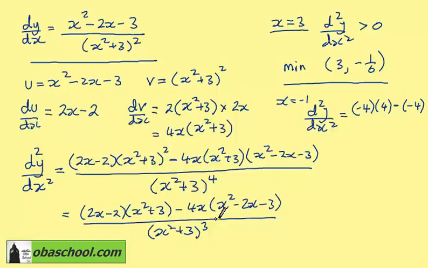If x is minus 1, this is 1, plus 2, take away 3, so that's 0. All divided by 1 plus 3, which is 4, cubed. So we've got a negative over a positive, giving us a negative. So d2y/dx squared is negative, and therefore we have a max at (minus 1, 1/2).